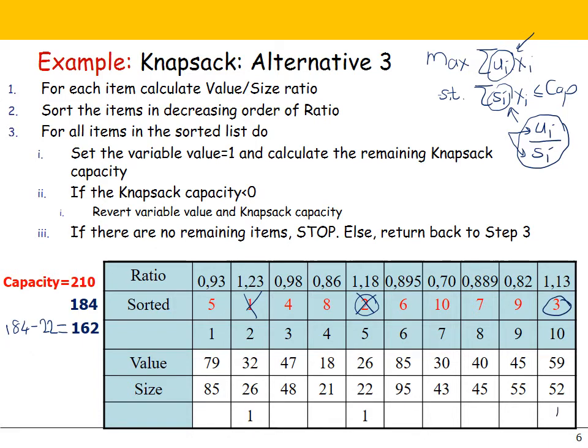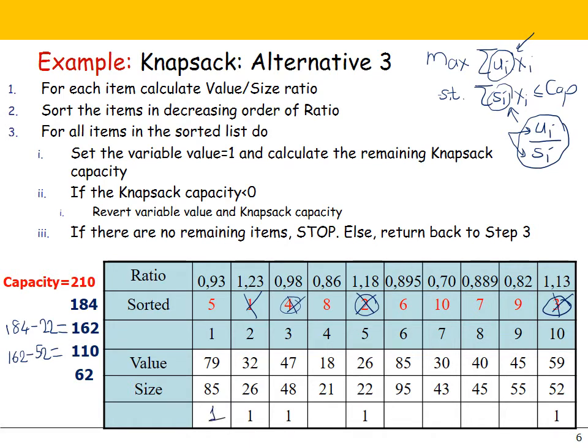We make the corresponding decision variable equal to 1, and we calculate the remaining capacity, which is 162 minus 52, 110. It is still greater than 0. We continue with the fourth item. We make its value equal to 1 and subtract the size from the remaining capacity, which means that we also take this one.